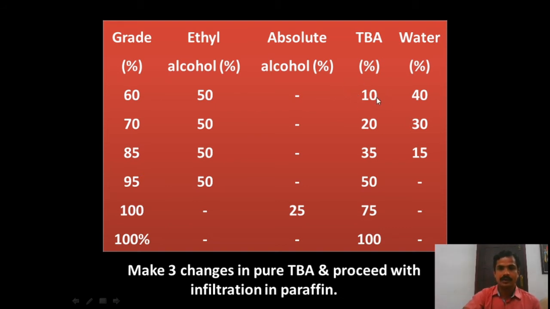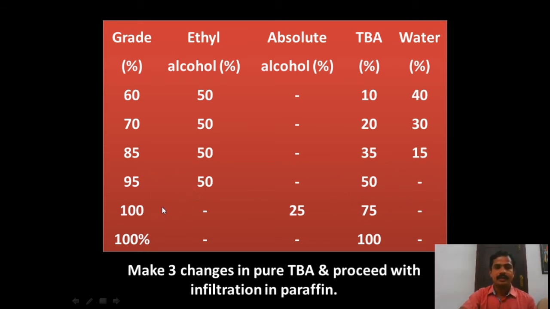tertiary butyl alcohol 10, total 60, water 40. Then 70 grade, ethyl alcohol 50, TBA 20, water 30, total 70%. Then 85, alcohol 50, TBA 35, water 15. Then 95%, alcohol 50, TBA 50.